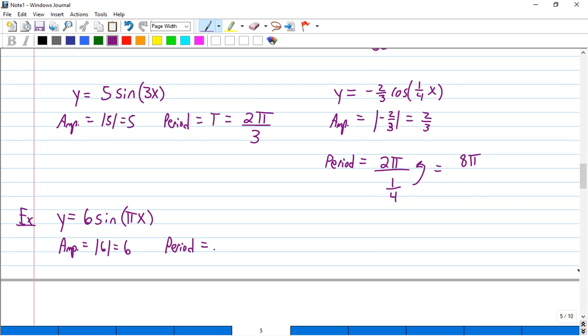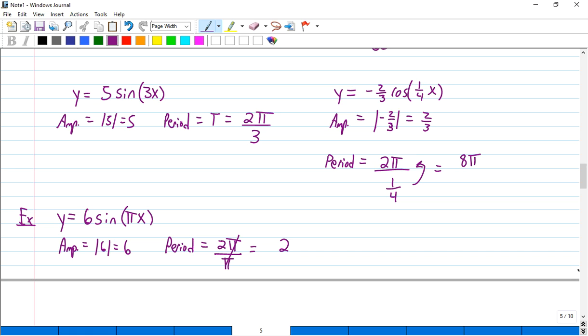The period is 2 pi divided by what? Pi. That's the number. Pi's a number. It's very yummy, but it is a number. It's in front of x. So what do you think would simplify here? The pi's cancel out. My period would be 2.